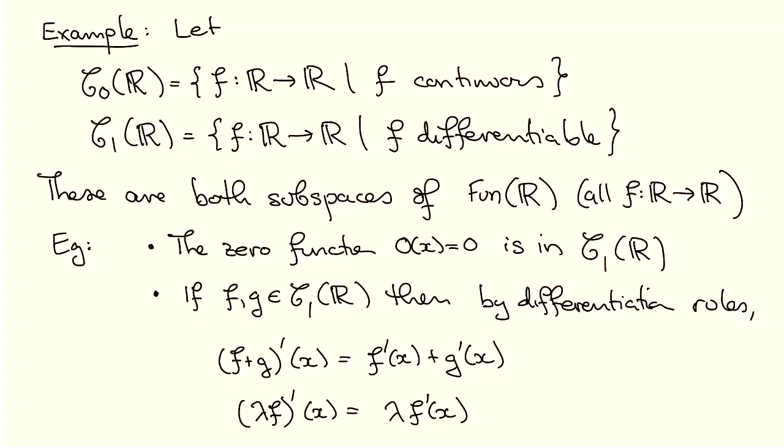And if I've got two differentiable functions, then my favourite linearity of differentiation rules, these ones here, tell me that the sum f plus g and also lambda f are both differentiable as well, with those explicit rules for the derivatives. All right, so that's the subspace criteria. Check those three conditions. All good?